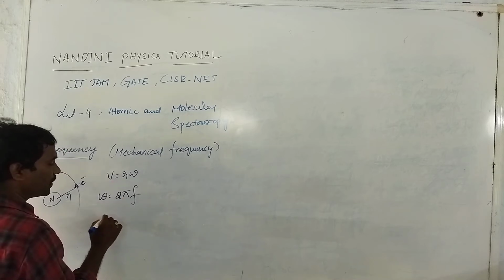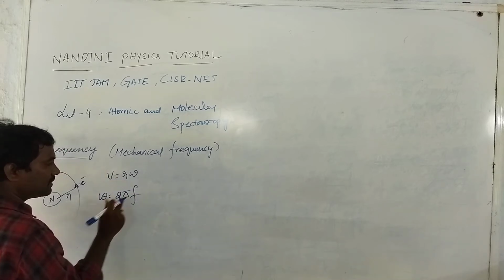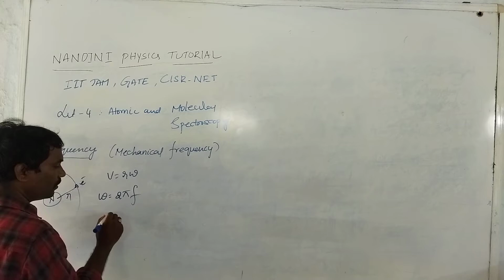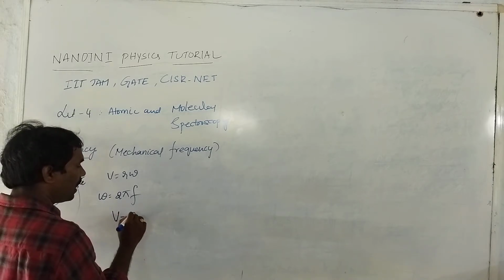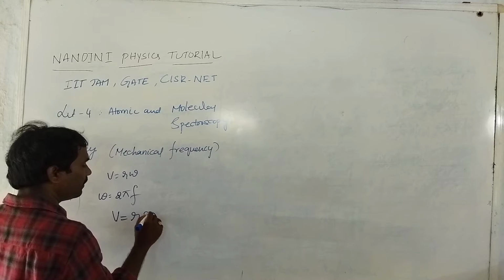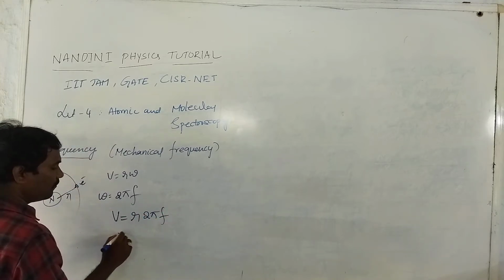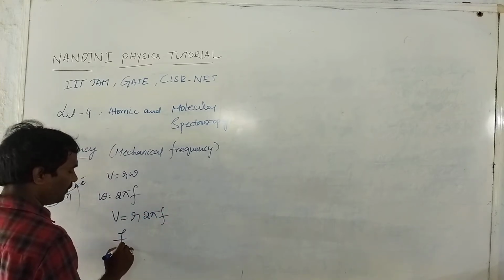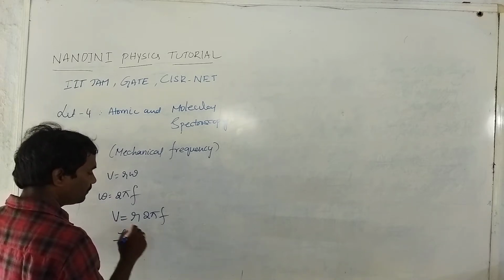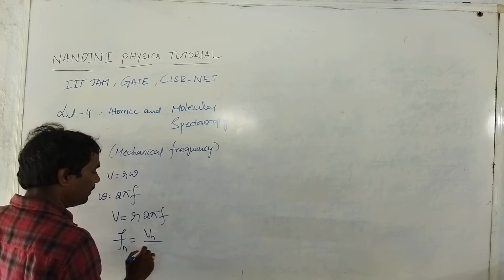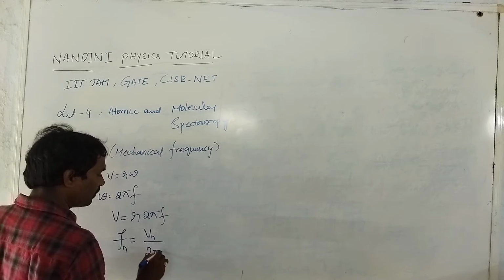So please write this equation above. Therefore V is equal to r times 2 pi f. From this equation, what is frequency? Fn, the nth orbit frequency, is equal to Vn divided by 2 pi Rn.